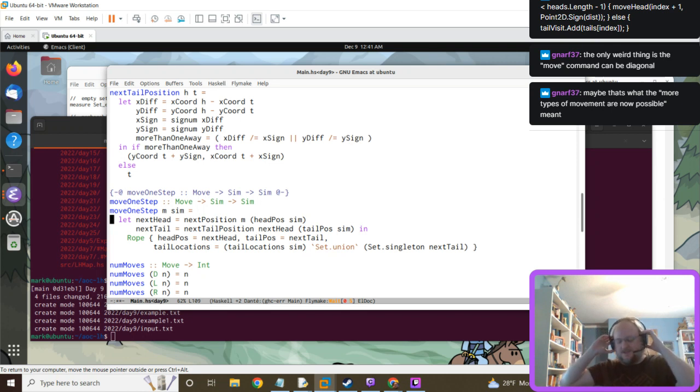That's probably what they mean, is that an intermediate node can be dragged in a diagonal direction.